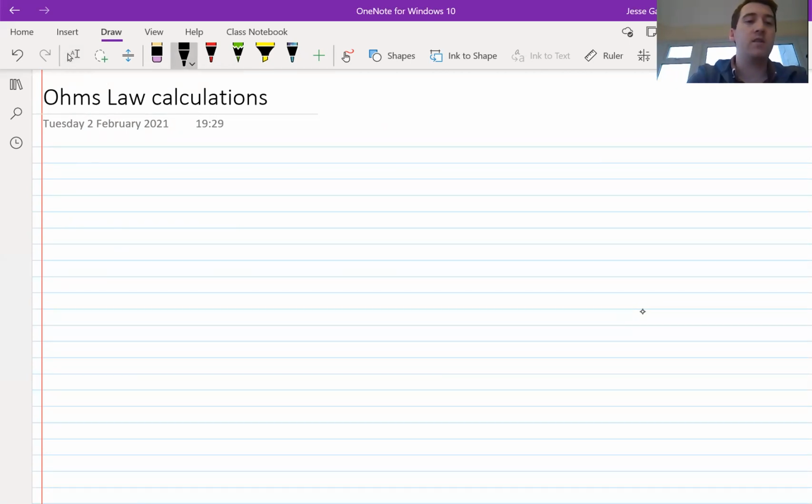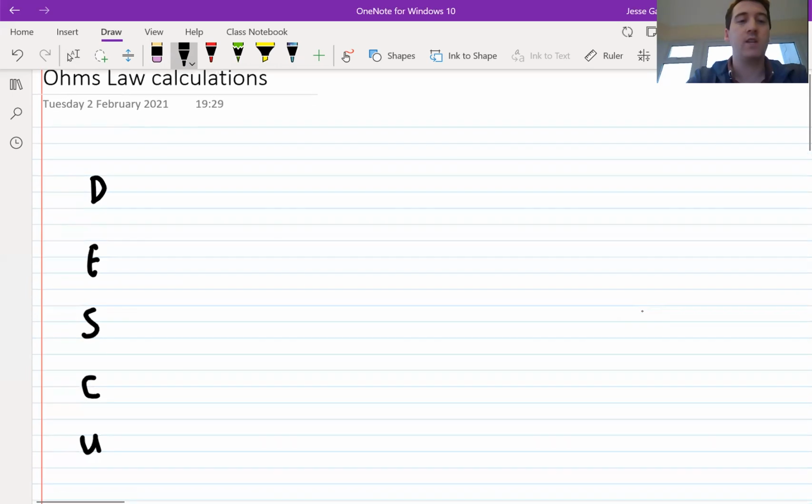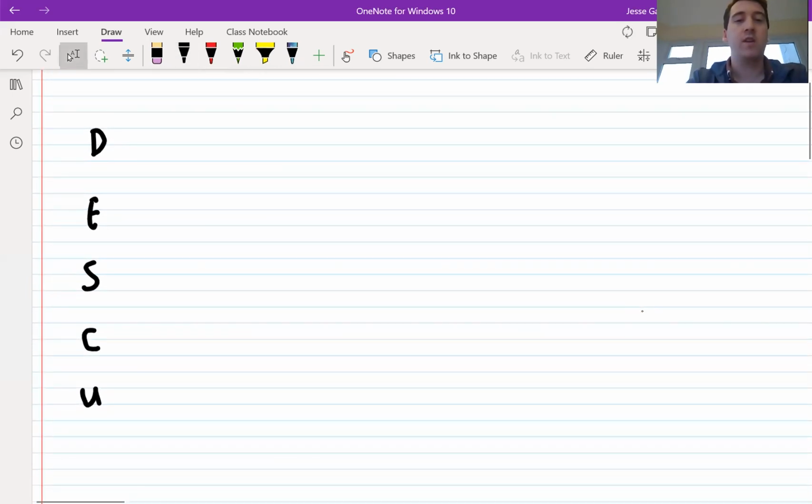The method is called the DESCU method. I get all my students to write these words down the side of the page when they're doing a problem. D stands for data. On this line, we would start by including our data from the question. E stands for equation.